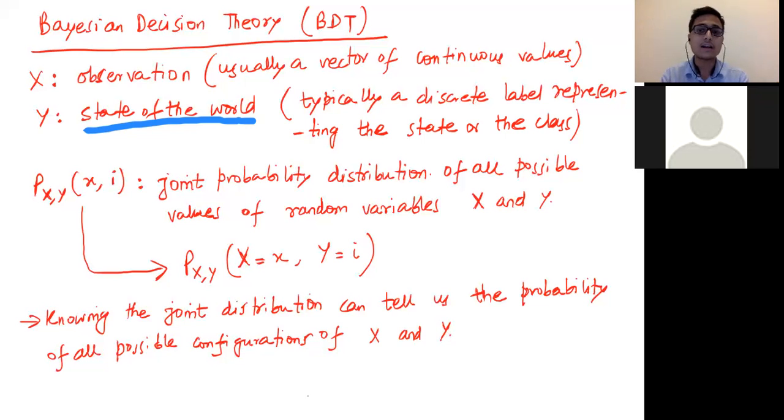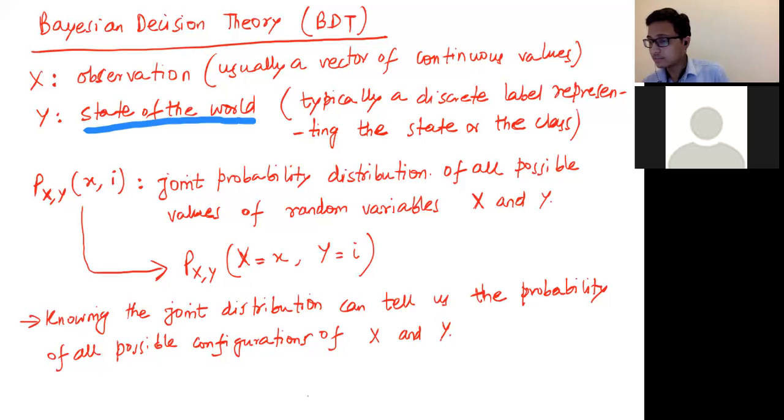This represents the probability of the random variable capital X taking the value small x, and the random variable y taking the value small i. Knowing the joint distribution can tell us the probability of all possible configurations of our random variables x and y.